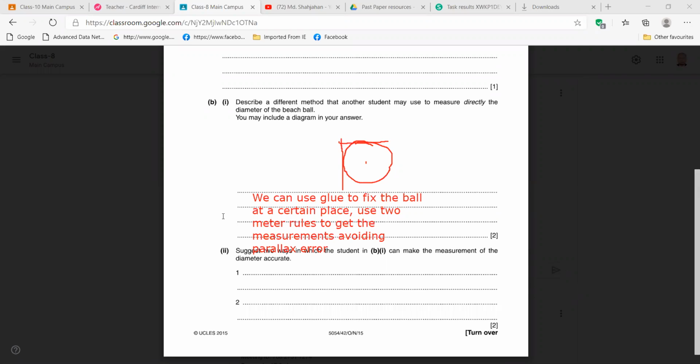No, sir, I'm not saying cost tape, I'm saying thread. Thread to fix the ball. Then we will measure the diameter. You want to use thread for what? Wait, listen, I think I get it, kind of.